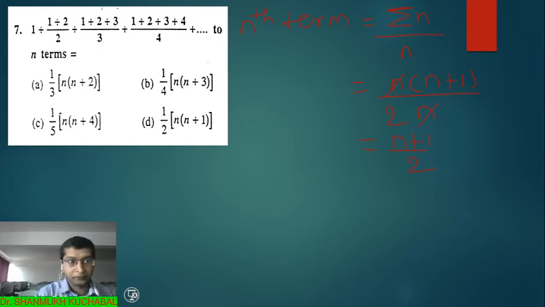Okay, further we will find the sum of n terms. So Sn equal to summation of n plus 1 divided by 2. See, 1 by 2 is a constant, keep it outside. So we get summation of n plus summation of 1.